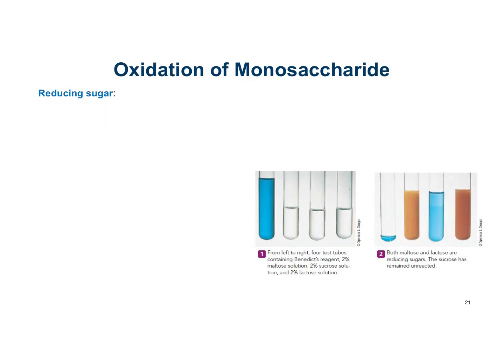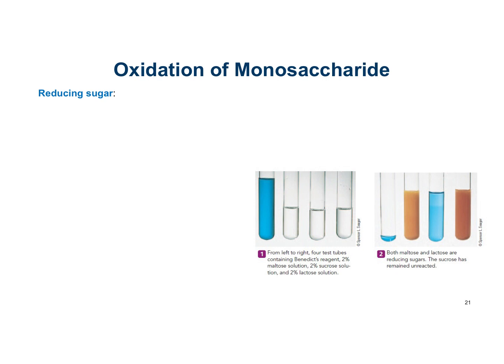Now, let's talk about some of the reactions that we see with these monosaccharides. We learned in chapter 14 that aldehydes and ketones that contain an adjacent OH group are oxidized by an alkaline solution of Benedict's reagent, which is copper 2+. And so what happens is open chains of monosaccharides exist as aldehydes and ketones. And so these are readily oxidized. And so that means they are considered to be reducing sugars.